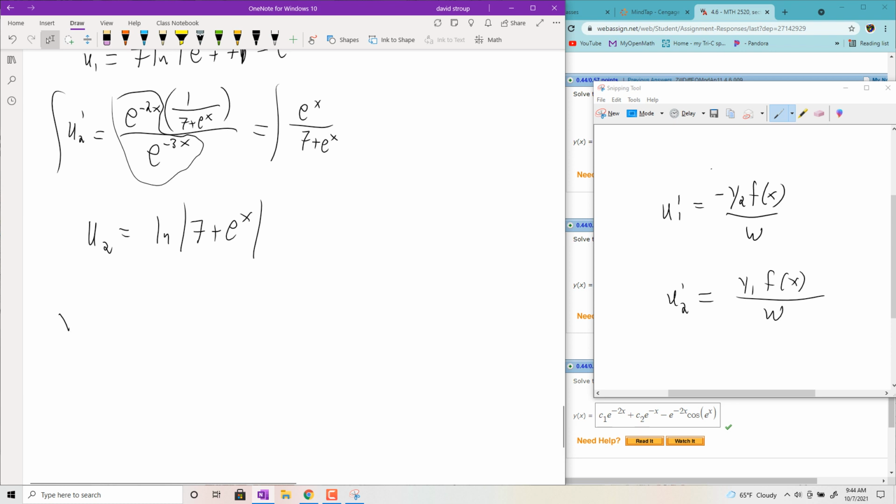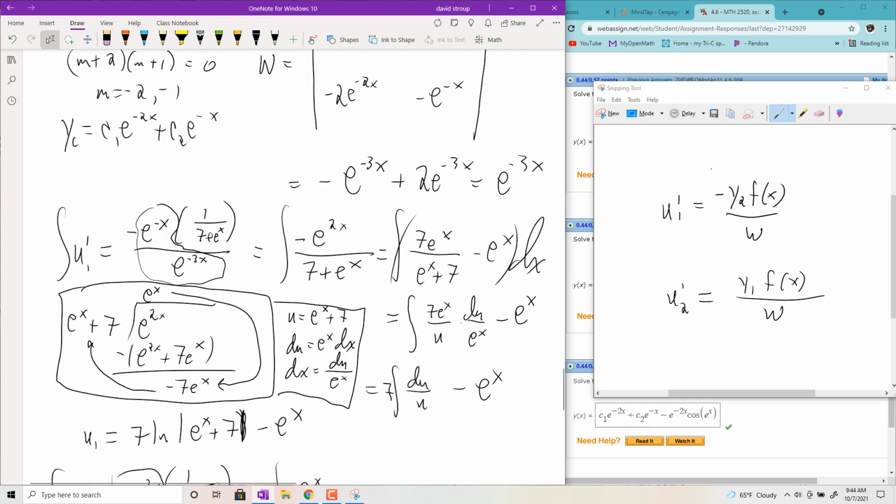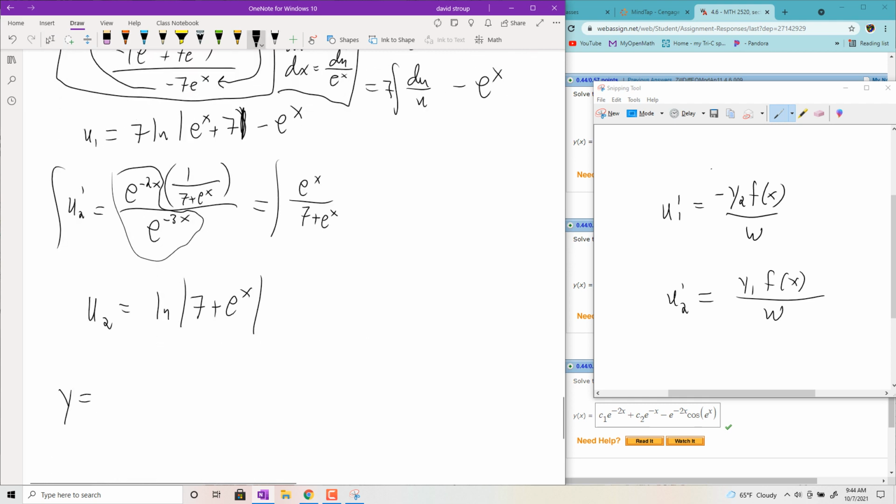Okay, so finally, then I get my solution, y equals u1. Oh, whoops, sorry, the complementary part. So I need c1 e to the negative 2x plus c2 e to the negative x, and then plus u1 y1.